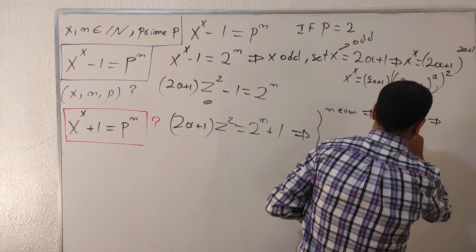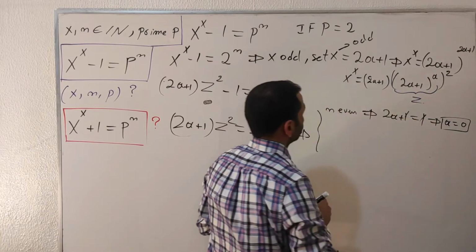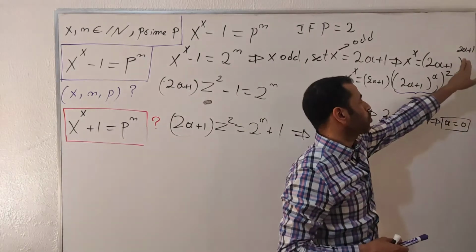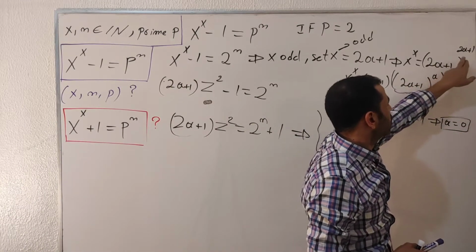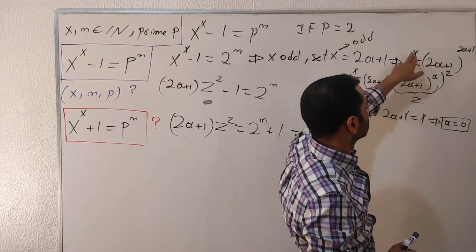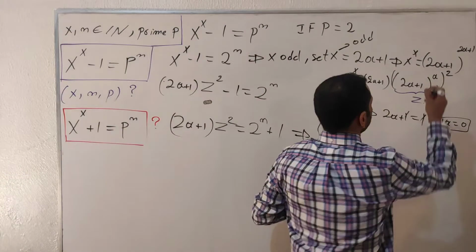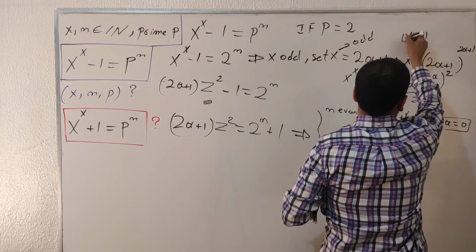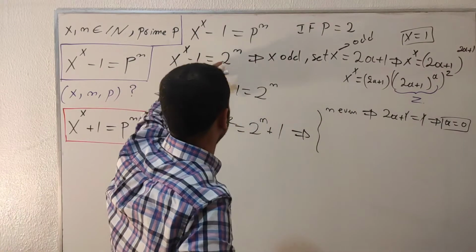This one is telling us a equals 0. If a equals 0, by going back to this setup here, x to the x equals 1. In other words, x equals 1. If x equals 1, I'm going to take this value of x and insert it back into the original equation.